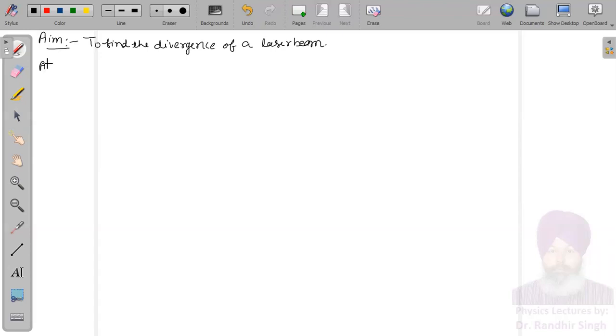So, what is the apparatus required? For this experiment, we need any laser, and I will be using a helium neon laser.